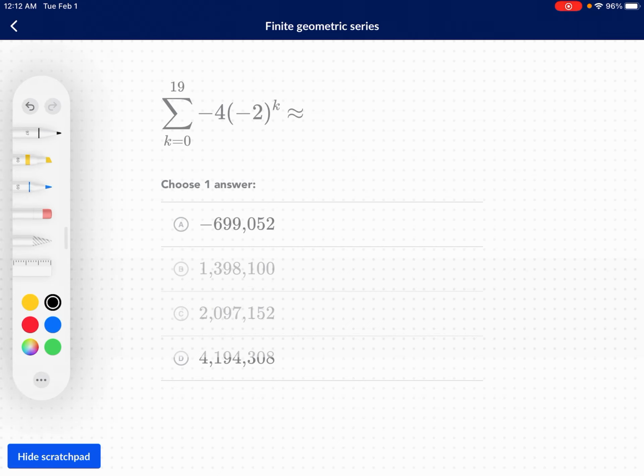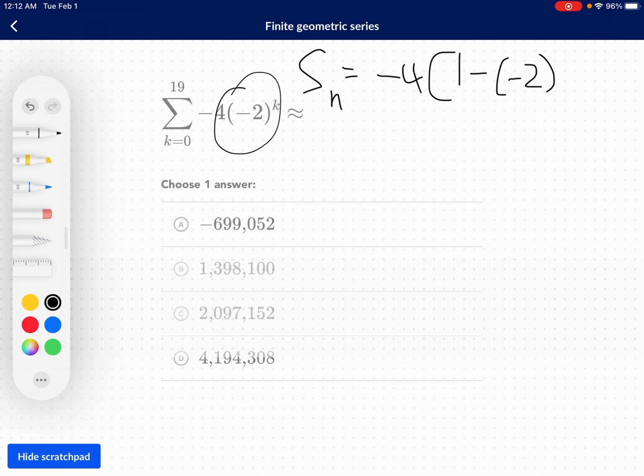Okay, same thing. The initial term is negative 4. So sum of n terms: a is the initial term, open parentheses, 1 minus the common ratio, which is negative 2, negative 2 to the 20th power, because k equals 0 is the first term, and 1 minus negative 2.